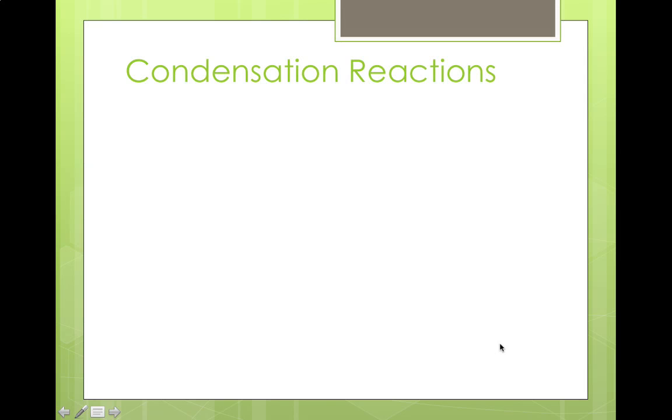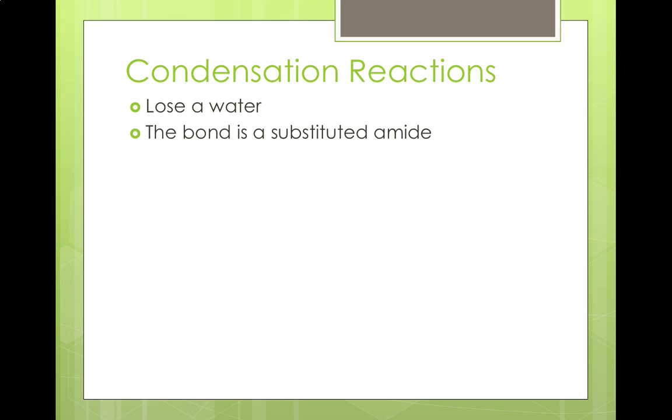Okay, how do these amino acids form proteins? Well, they do it through condensation reactions, which means as I take 2 of them, they are going to lose a water. I'm going to lose an H2O each time I form a condensation. The bond is called a substituted amide, and that bonding link is often called a peptide bond.